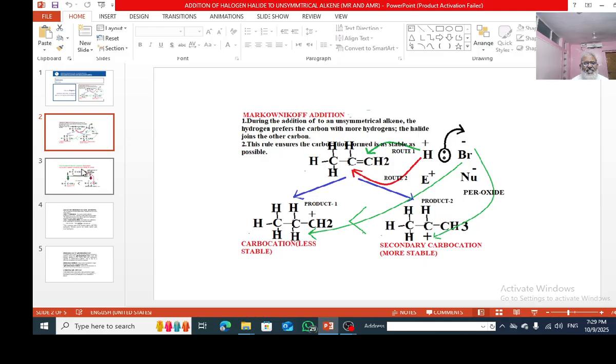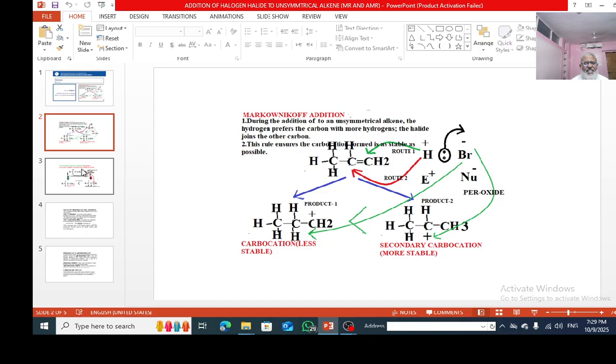Let us come to the second, anti-Markovnikov. Halogen attacks the carbon atom having more hydrogen atoms. Here is again the same substrate, propene 1, attacked by HBr, the same attacking reagent, but here the reaction is going on in the presence of peroxide.